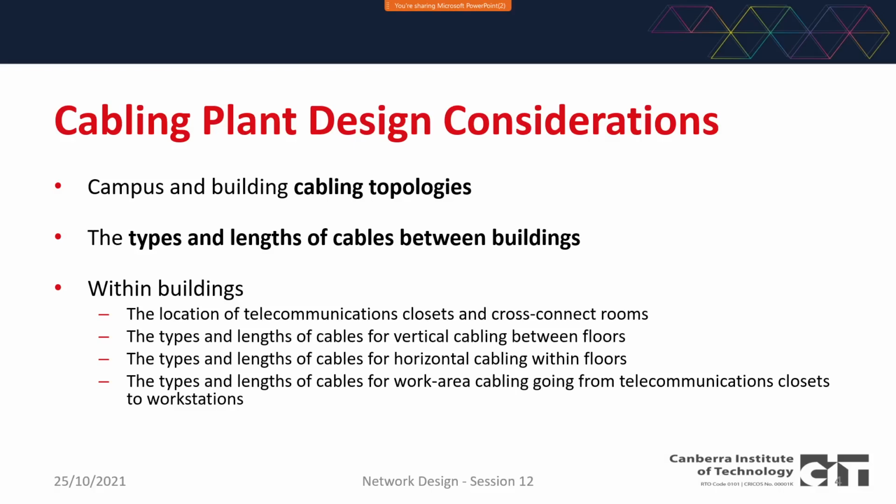We need to be aware of how the cabling is going to be done, okay? And these sort of things. The types and the lengths of cables between the buildings, they play a huge role as well. Because certain cables, Cat 5, Cat 6, support different types of bandwidth, okay?